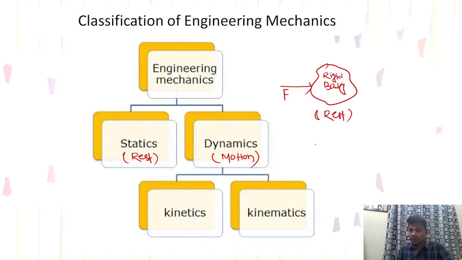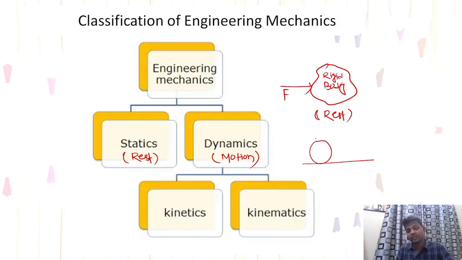But if the body is already in motion, let's say this is another rigid body, but the body is already in motion. Then in the motion position, if I apply some forces, then this type of system is called dynamics.